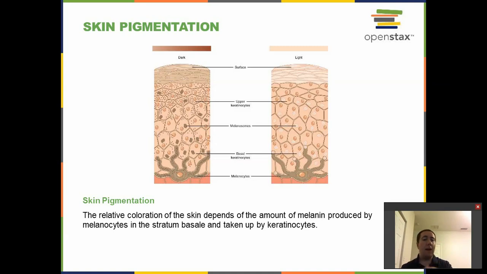But what can move? I think somebody said it. The melanin? Yeah, the melanin can move. When we are exposed to sun, the melanocytes make more melanin, and that melanin then starts moving up closer to the surface.